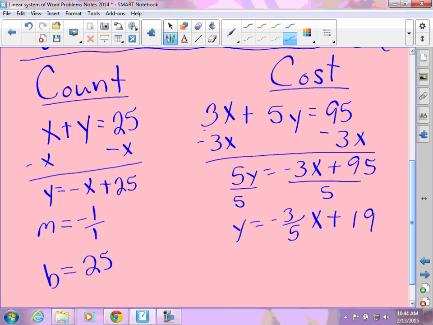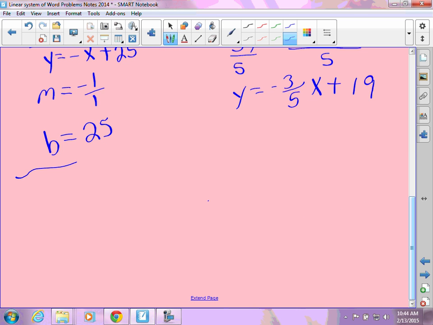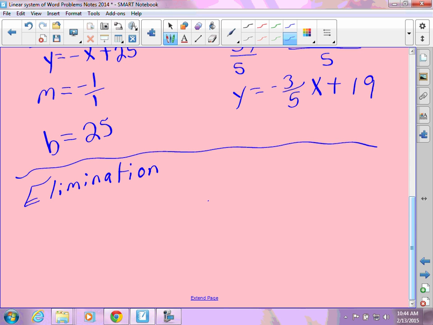We could solve this with graphing, but I think what we're going to do is let's go ahead and just go to elimination. Right? And I've got x plus y equals 25, and I've got 3x plus 5y equals 95, right? And how do I solve that now?